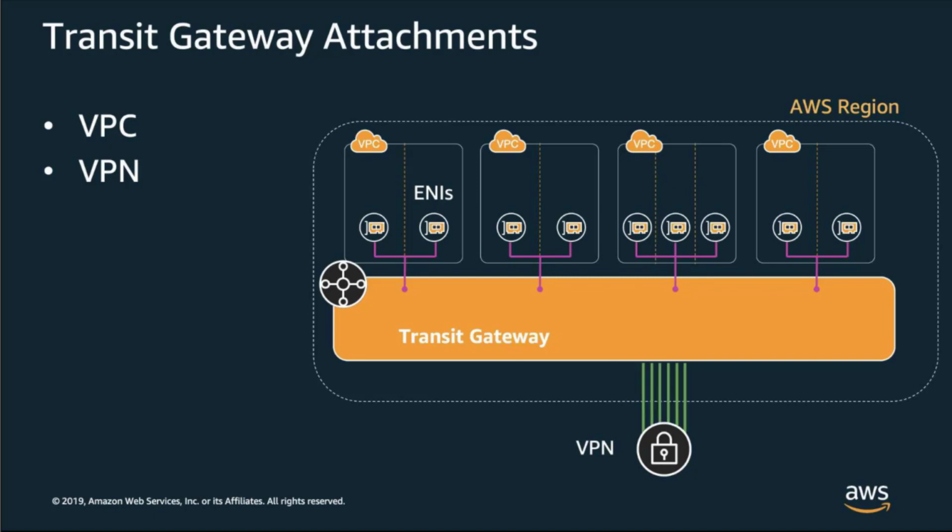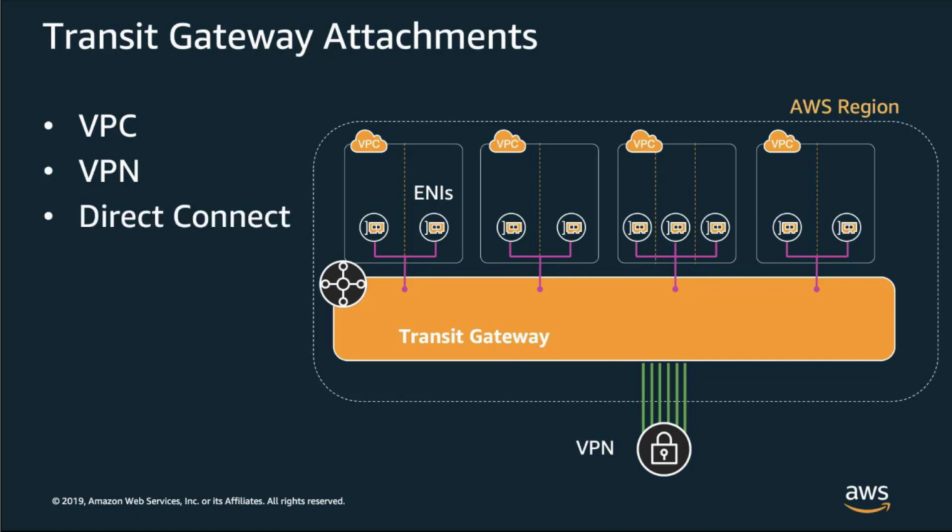We're also able to do ECMP across these VPN connections, which is pretty exciting. So historically, it's only been 1.25 gigabits a second into a virtual private cloud through a virtual private gateway. So this certainly allows us to scale our traffic way more than we could have previously with just going through a single VPC.